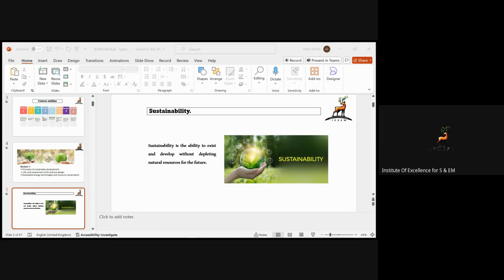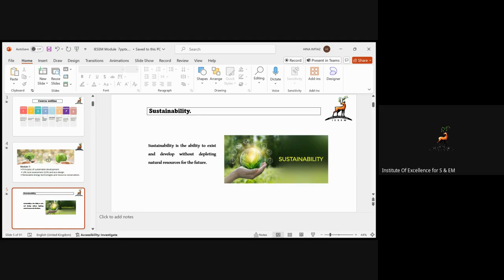So we have to live in an environment where we have no right to deplete the natural resources. Basically, sustainable development is a concept of needs and limitations imposed by technology and society on the environment's ability to meet present and future needs as well.